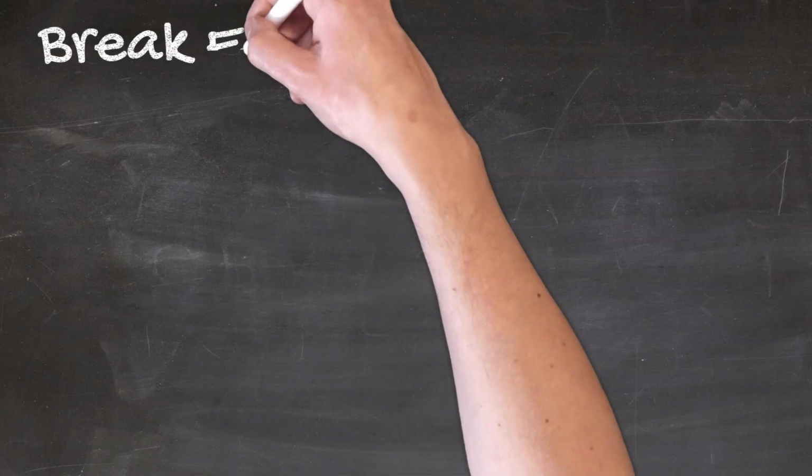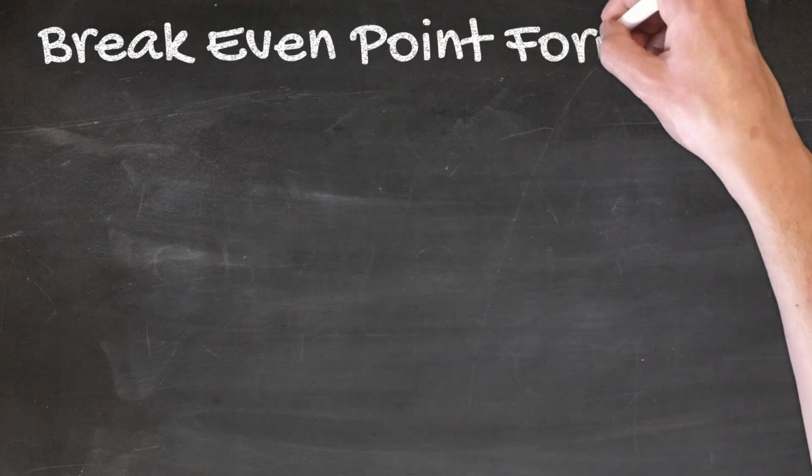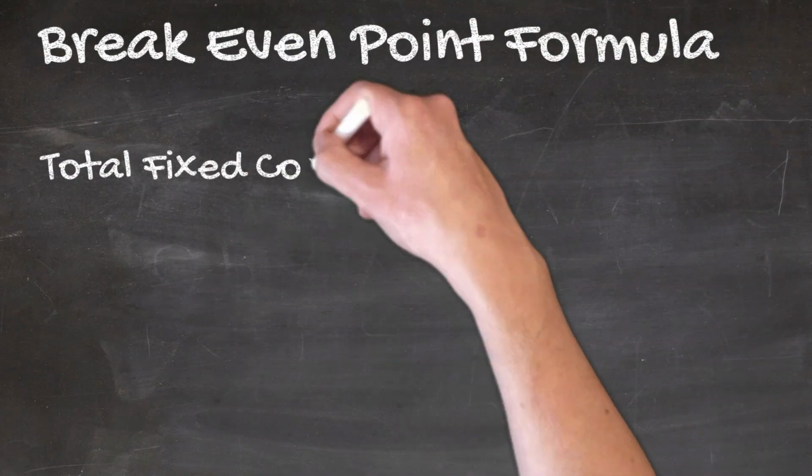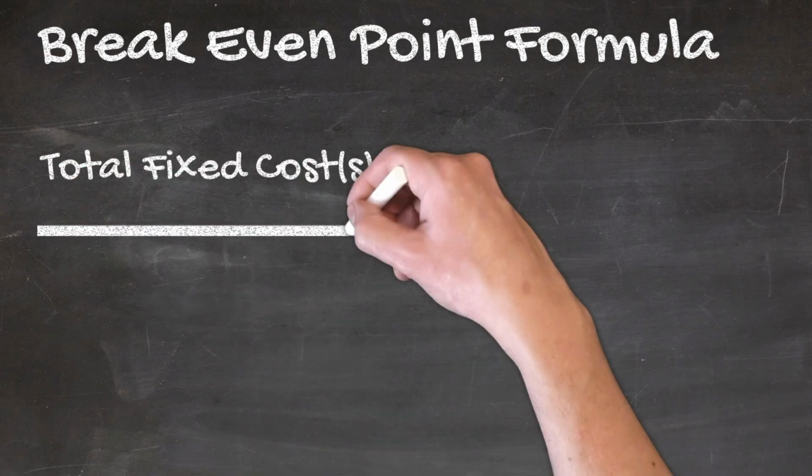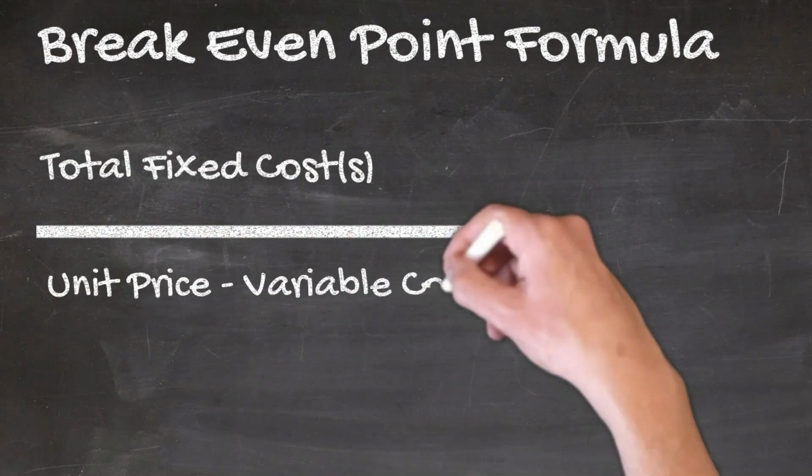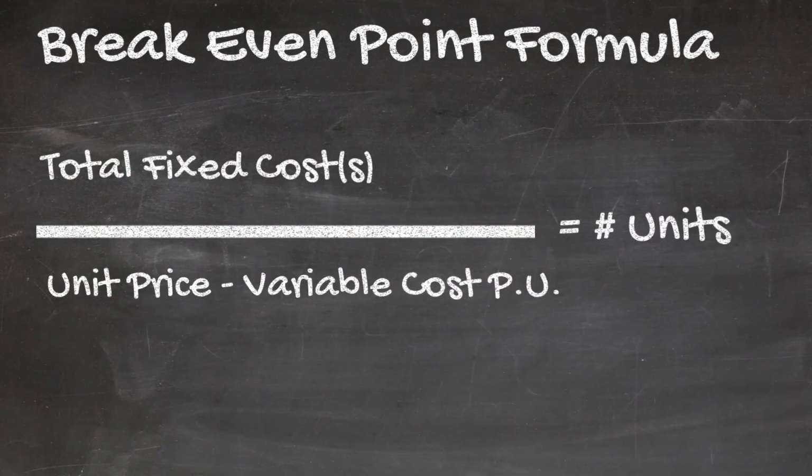Let's start off with the formula and definition of the components of the basic break-even formula. On the numerator is your total fixed cost for your business. And in the denominator, you have the price per unit of service or product that you sell minus the variable cost to produce that product or service.